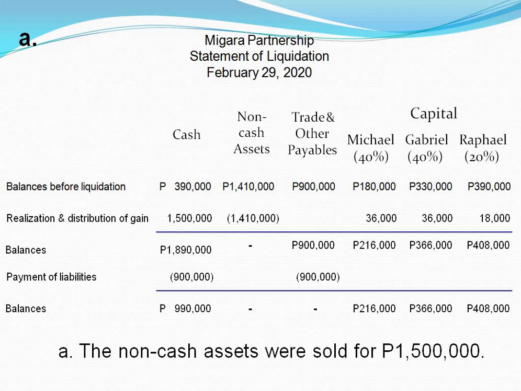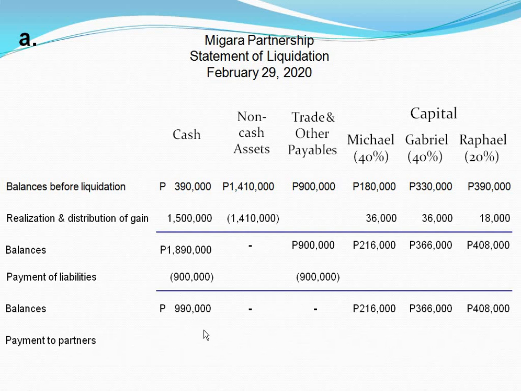Last step, the remaining cash of 990,000 is then distributed to the partners in return for their capital. So, the cash decreases by 990,000. 216,000 of the 990,000 cash would go to Michael, decreasing his capital for the same amount.